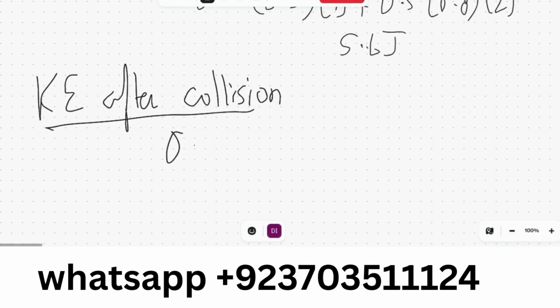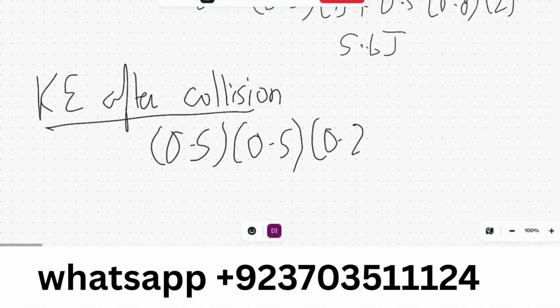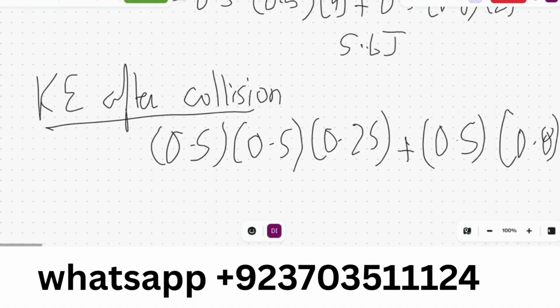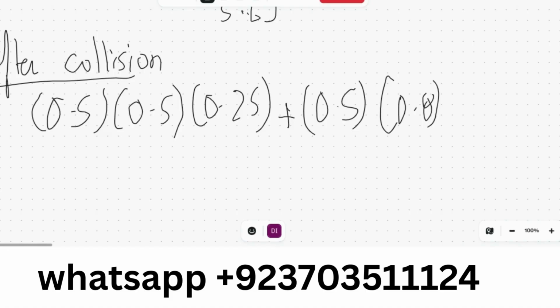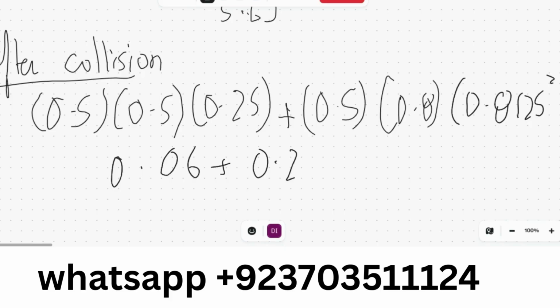That would be equal to half, m is 0.5, into 0.25, that is for the 0.5 kg trolley, and the second one is 0.5 into 0.8, and the velocity we have calculated is 0.8125 squared. So that will give us 0.06 plus 0.26, that will give us 0.32.